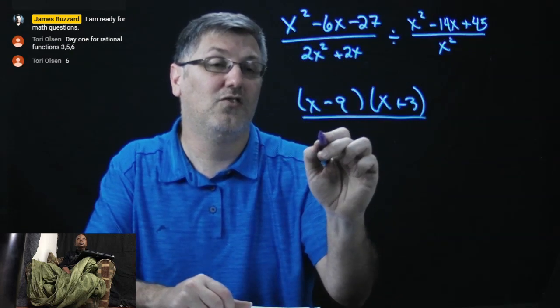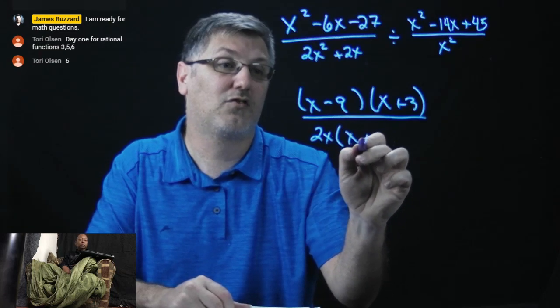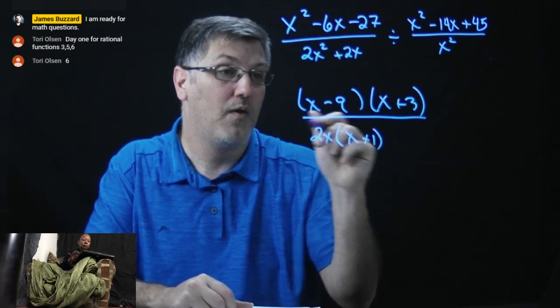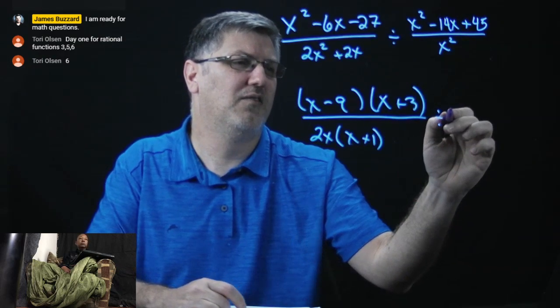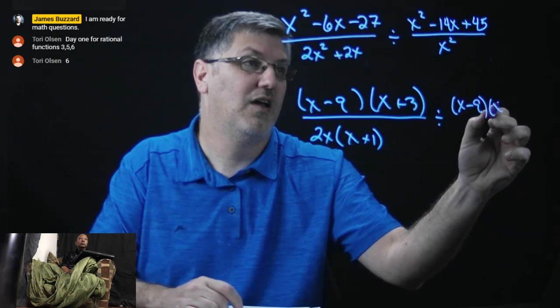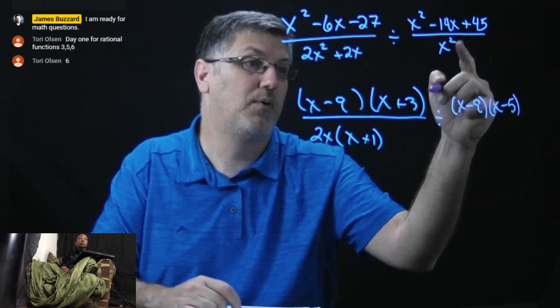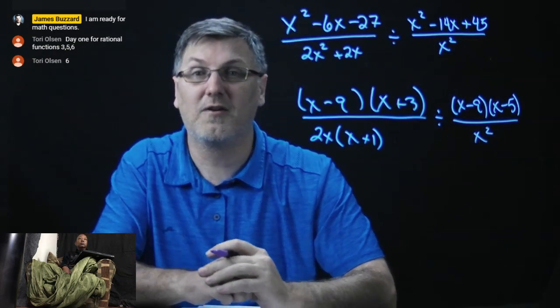The bottom's got a 2x in common, so I'm going to have a 2x, and that leaves me x plus 1. And then divide by, this is 9 and 5. Yep, this factors to x minus 9, x minus 5. This gives me my positive 45, my negative 14, over my x squared. Okay, everything's factored now.